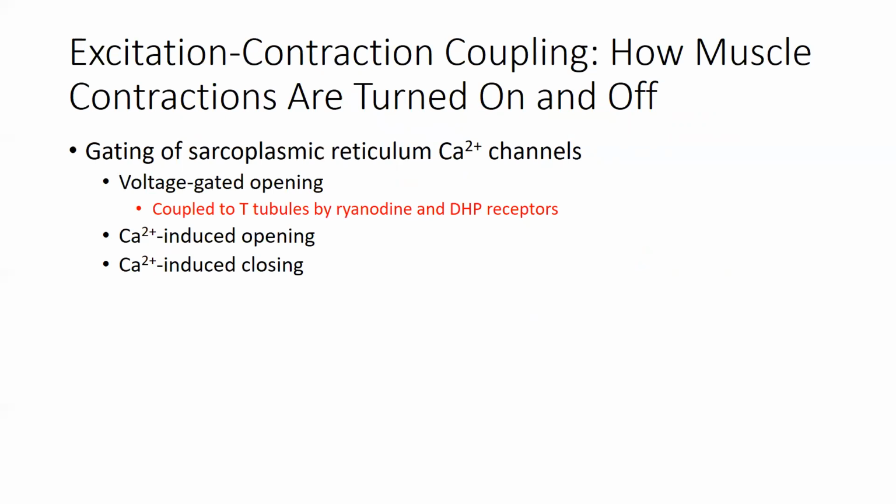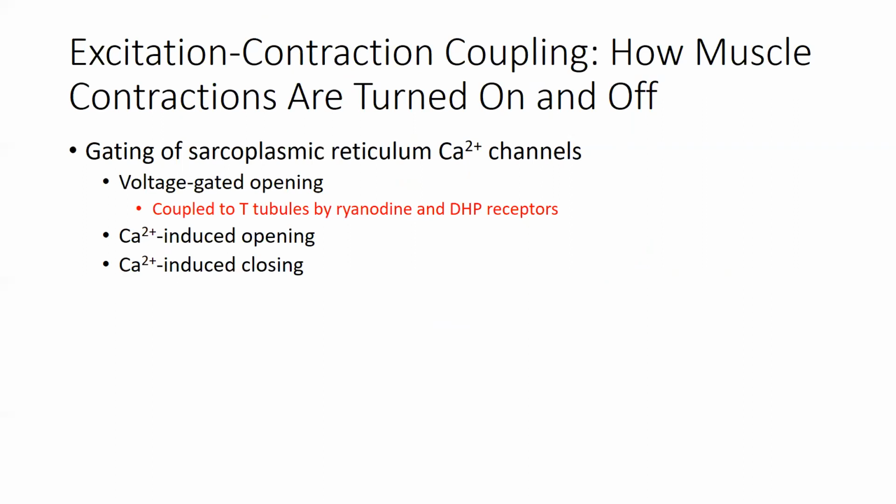Now, what's also important is when the voltage changes, so when this T tubule is no longer depolarized, the binding of calcium is actually going to close these channels. So in the absence of the depolarized membrane, these same calcium receptors, when calcium binds here, it's going to start shutting those calcium channels.